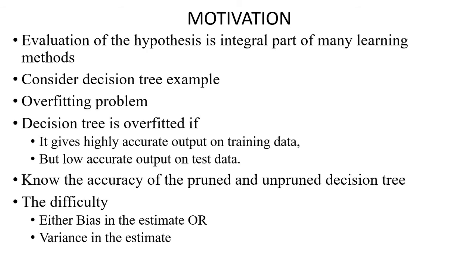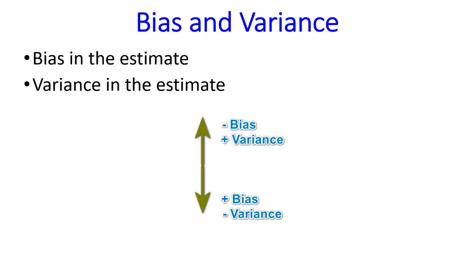Let us see what is bias in the estimate. It is noticed that if the accuracy of the hypothesis is very good, then it is likely that the accuracy will be reduced for future examples.